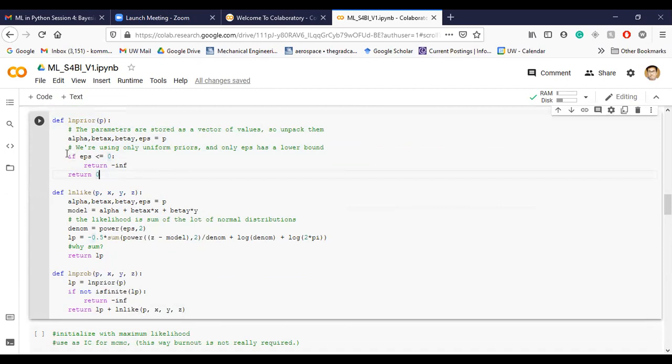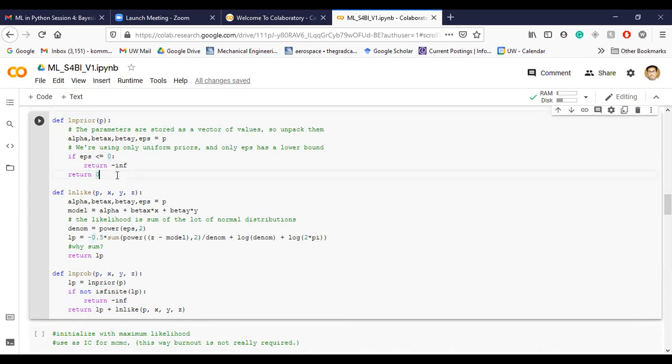So this basically says if the variance is less than 0, which makes absolutely no sense, then return that the prior probability is infinity. And if it's not, return a 0. So why are we returning a 0?